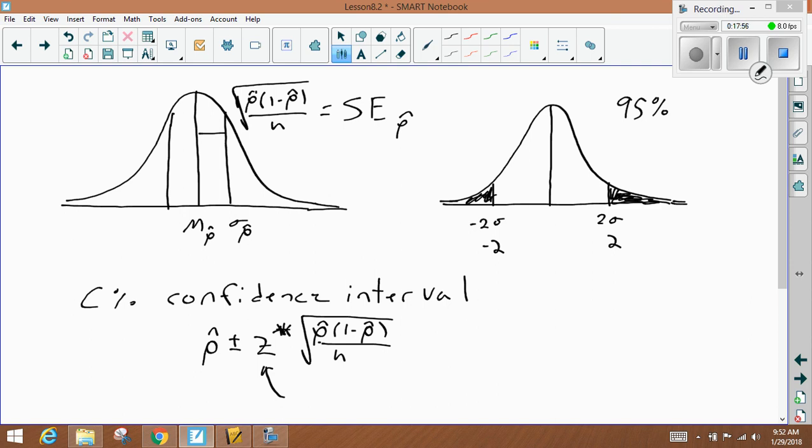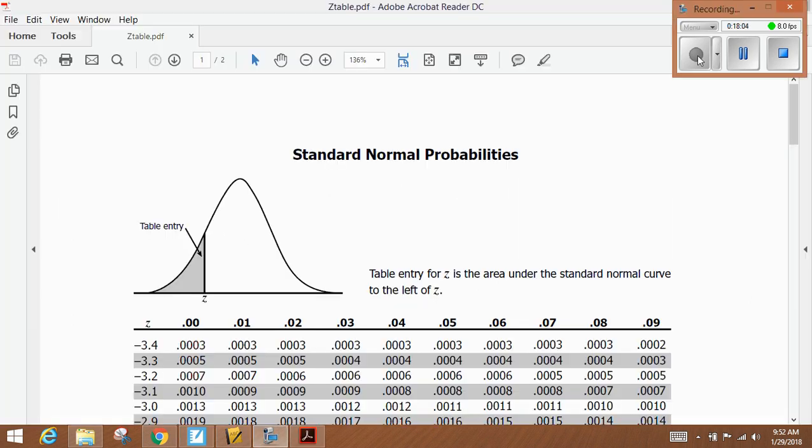So, if you get your handy-dandy Z table out, we can do this with a calculator as well. We can do an inverse normal calculation for this, right?